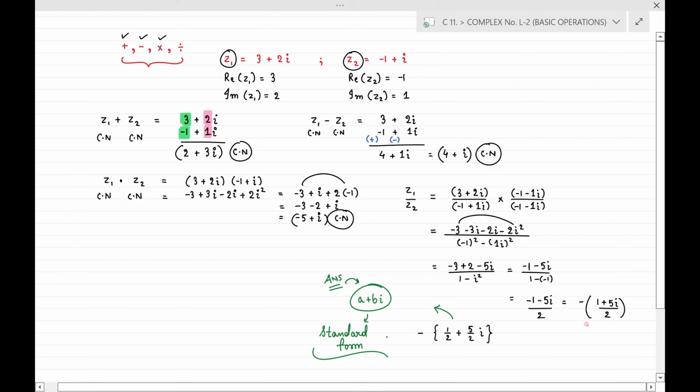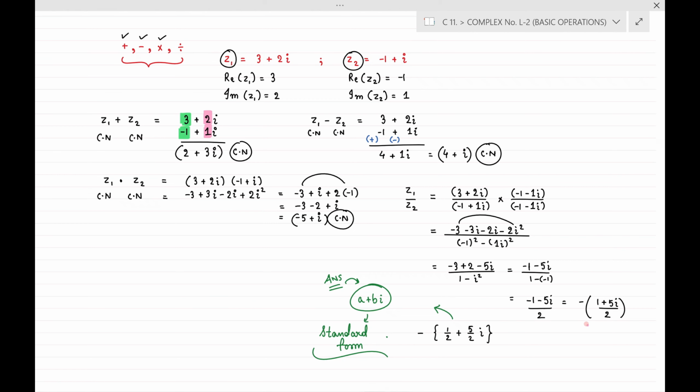So this is how we add, subtract, divide and multiply two complex numbers. In division also, as you can see, when a complex number is divided by a complex number, the result is also a complex number.